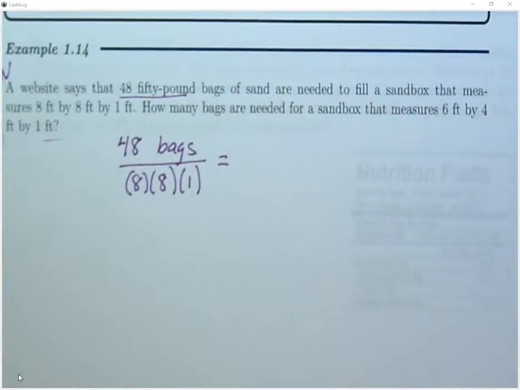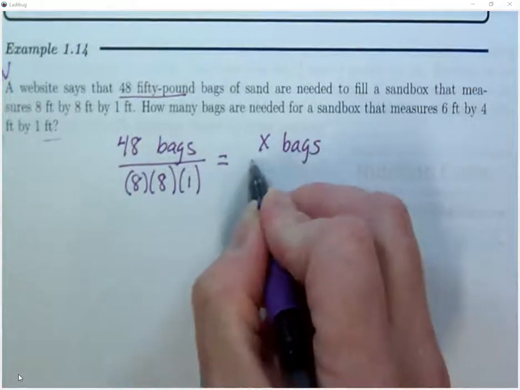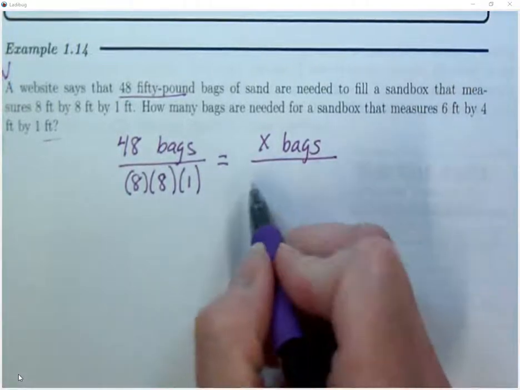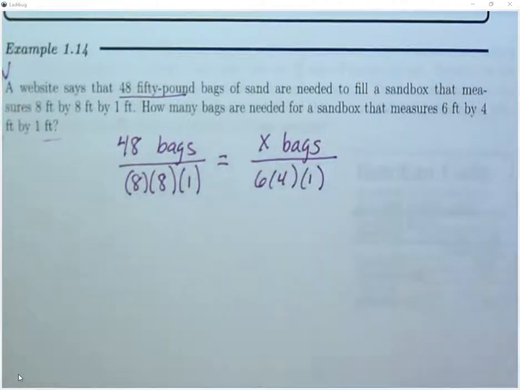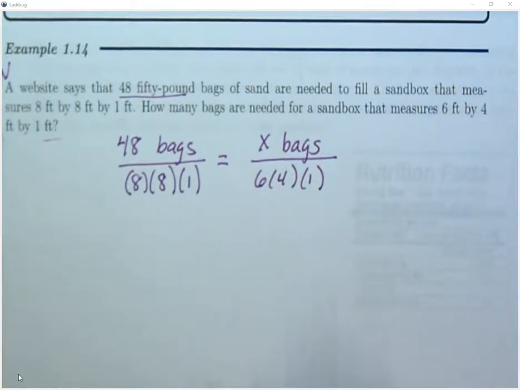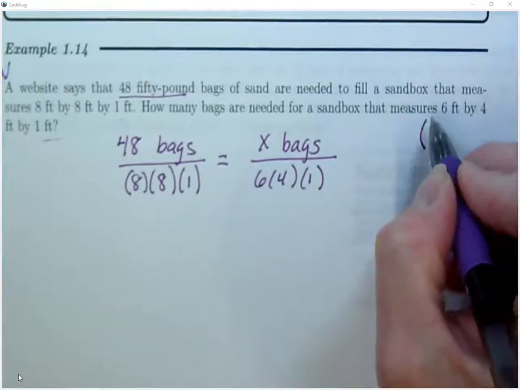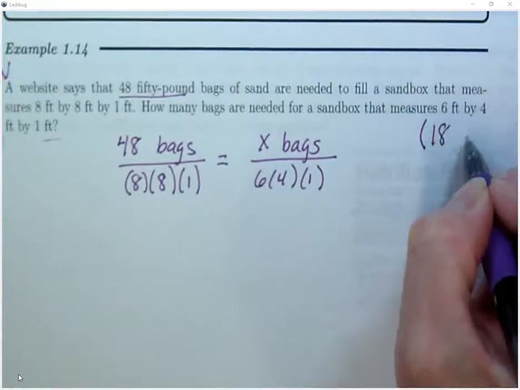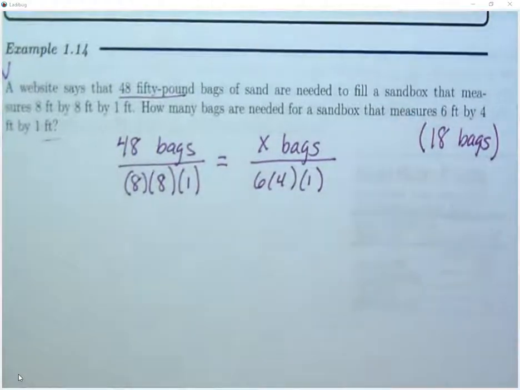So we have X bags for the other size sandbox, 6 by 4 by 1. And then you are going to solve it by crunching the numbers in the same way that you did the pizza problem, and you should end up with 18 bags as your answer. So I'll leave that one for you to work out on your own.